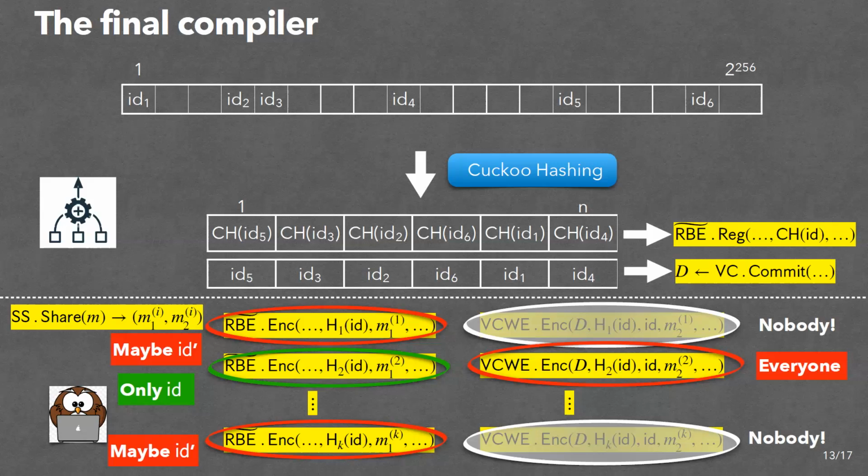So nobody is able to decrypt this ciphertext. And on the other hand, where the identity is, everyone is actually able to decrypt the corresponding ciphertext, but in this specific case, we actually know that the actual identity is on the left side to decrypt and get the first part of the share. So this is our compiler.